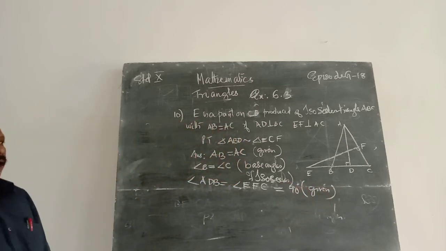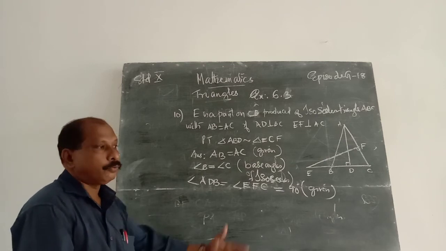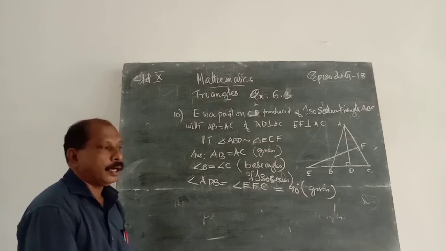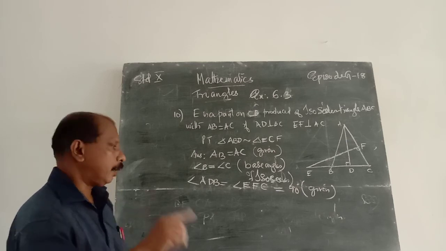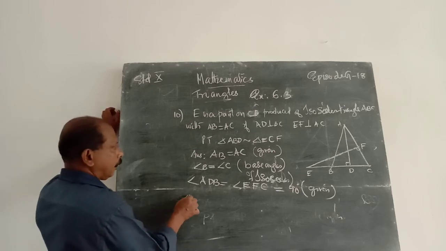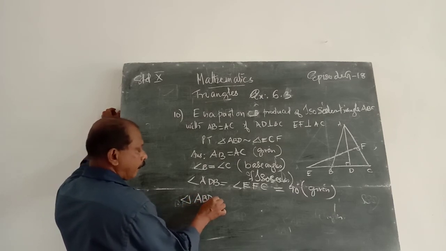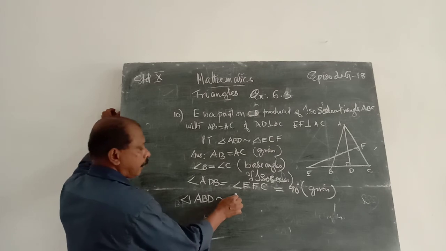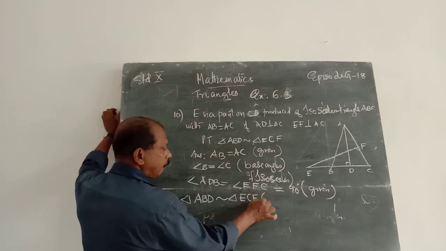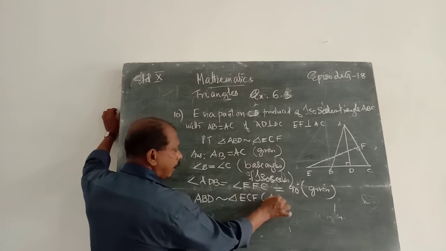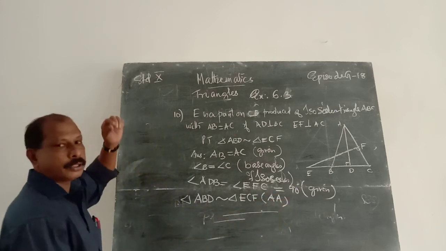Therefore, two angles of these two triangles are equal, so the third angles are also equal. Therefore, these two triangles are similar. Triangle ABD is similar to triangle ECF. The reason is the angle criteria of similarity. Okay.